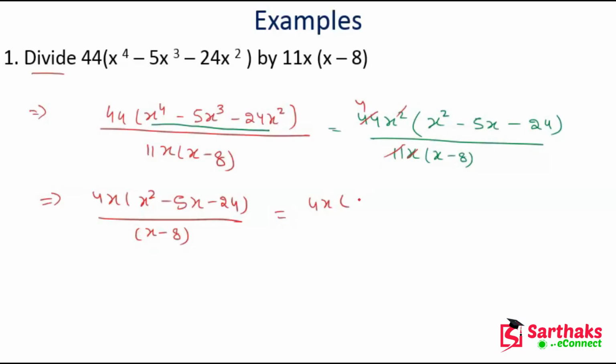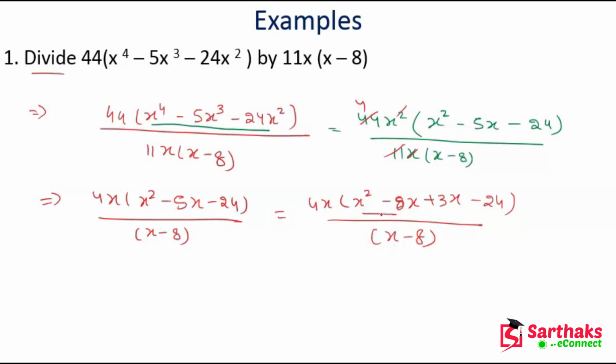We split the middle term: minus 8x plus 3x, because if we add these we get minus 5x, and if we multiply these we get minus 24. And it is divided by x minus 8. Got it, my dear friend?